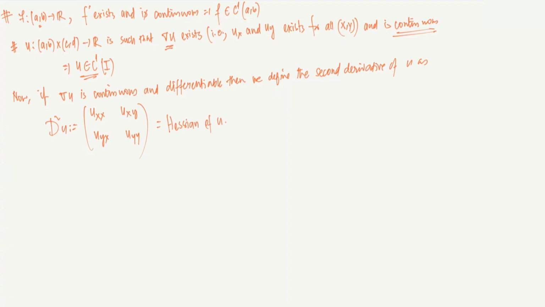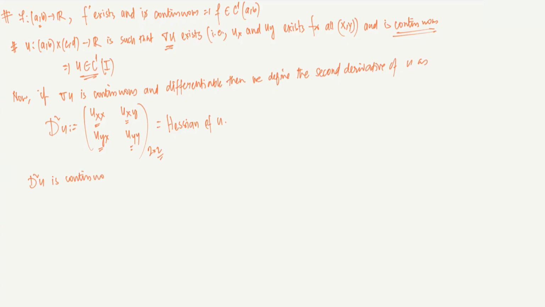Of course this will be evaluated at some point, so it will turn out to be a 2 cross 2 matrix in this case. The first order derivative is just the vector ux and uy, but in the second order case we define the derivative d2u as the matrix of uxx, uxy, uyx and uyy. Now this is a new function d2u, and let's say it is continuous.